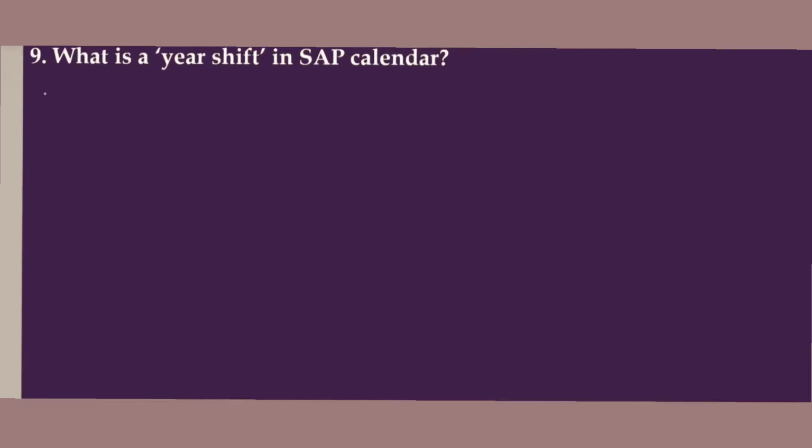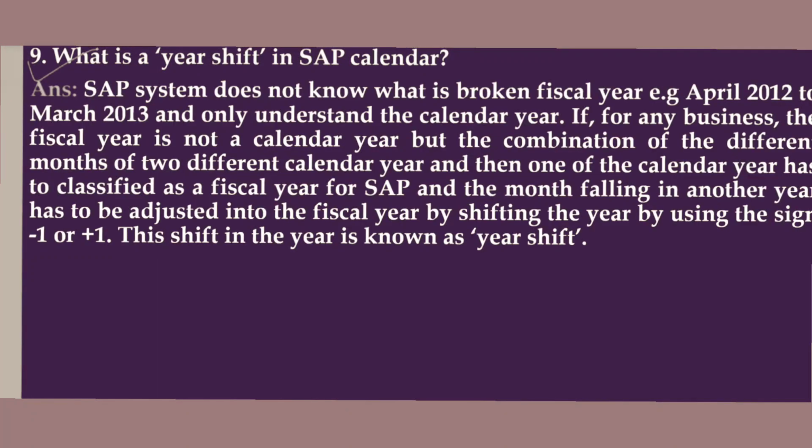Now, what is a year shift in SAP calendar? SAP system does not know what is a broken fiscal year, for example April 2012 to March 2013, and only understands the calendar year.